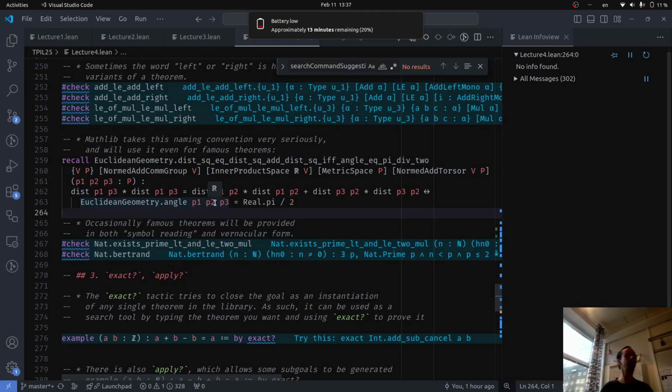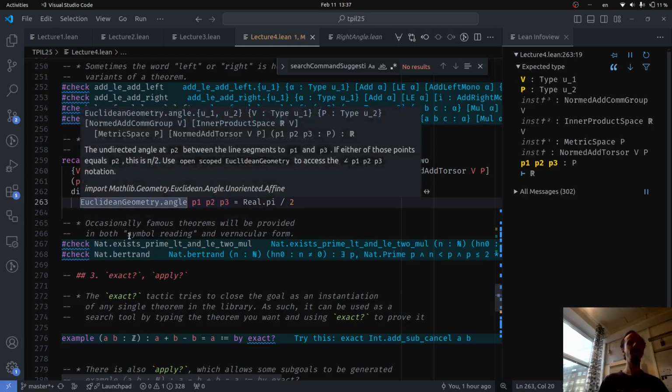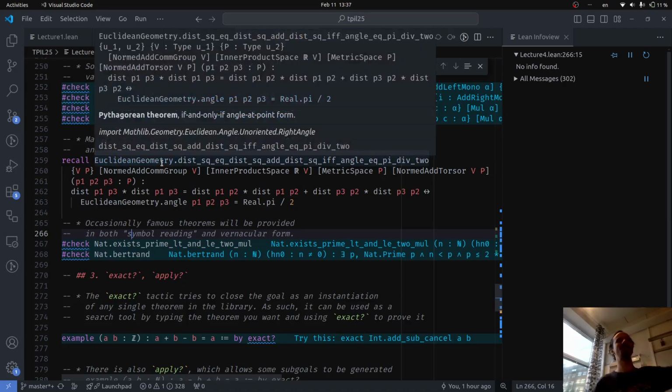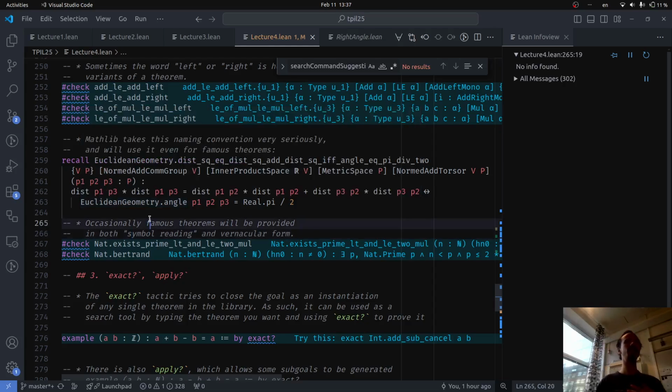But in the theorem itself, you don't use square instead? Well, I think maybe one of the other versions had actual squares in there. Because yeah, you can also do pow two, which is the other kind of square.